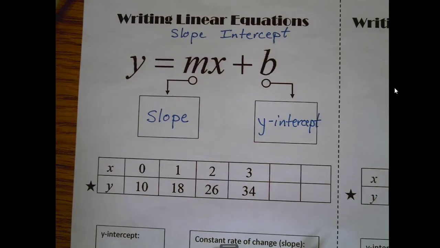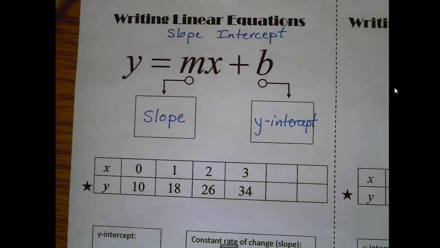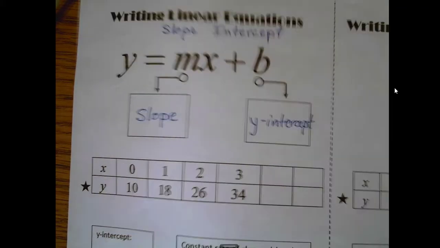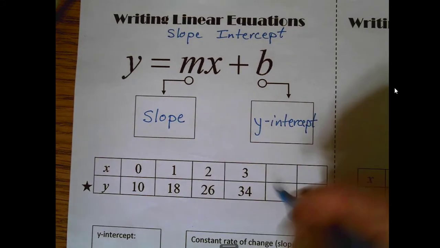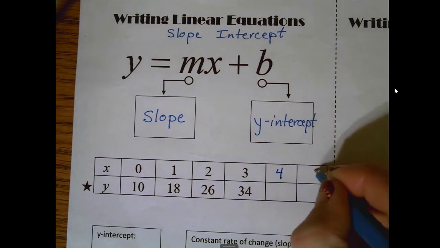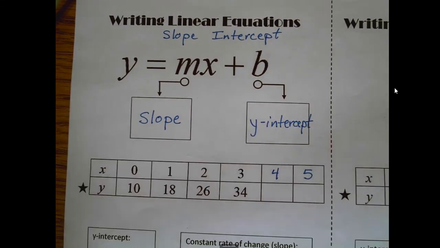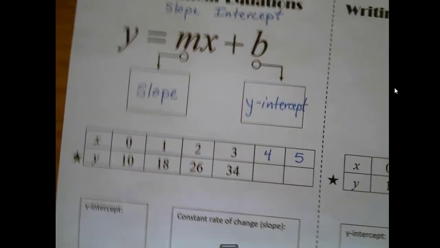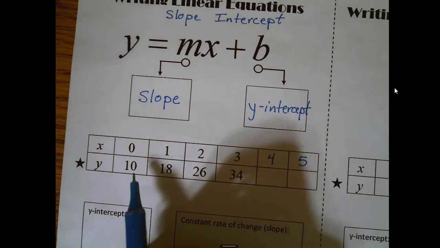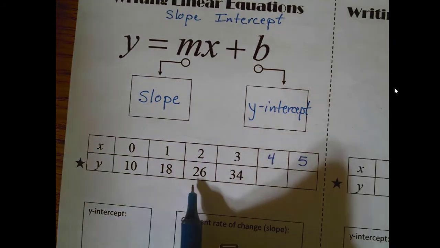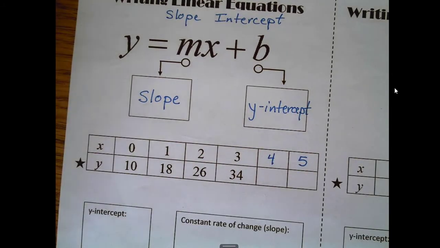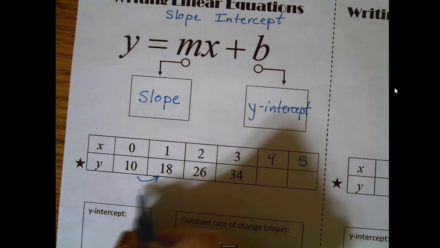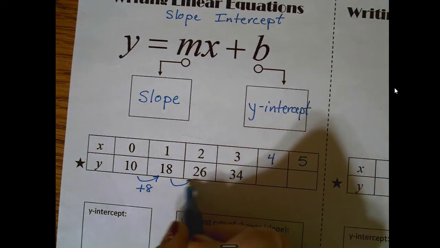So if we look at this particular table, we can see in the x it's increasing by 1. So we're going to fill in the chart based on the patterns that we're seeing. Now in the y, we're going from 10 to 18, 18 to 26, 26 to 34. So it looks like we are increasing by 8 each time.